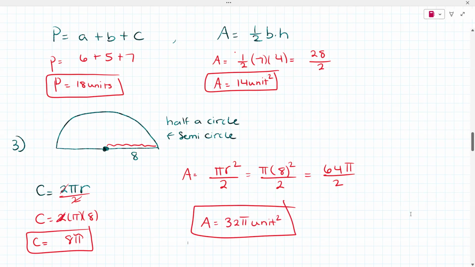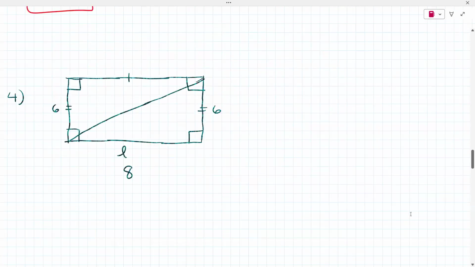Okay, good. Next one. Here we have a rectangle. Let's find the perimeter. Oh, I made a mistake. This should not be given. So yeah, we have this rectangle.